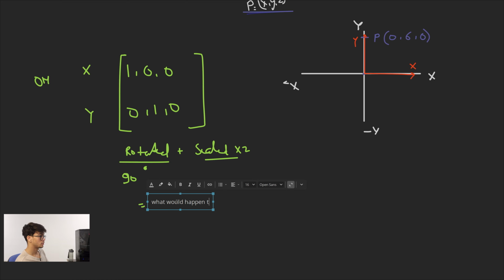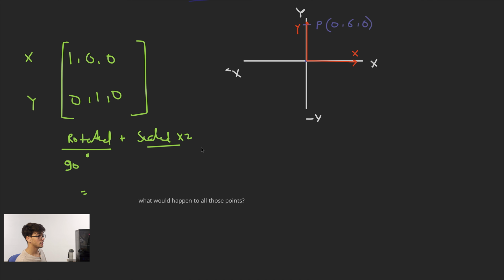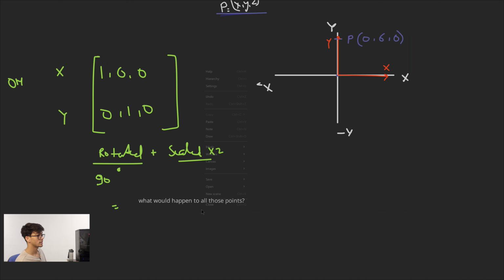What would happen to all those points, and how will they initiate this change? We have to rotate this by 90 and we have to scale this by 2x.